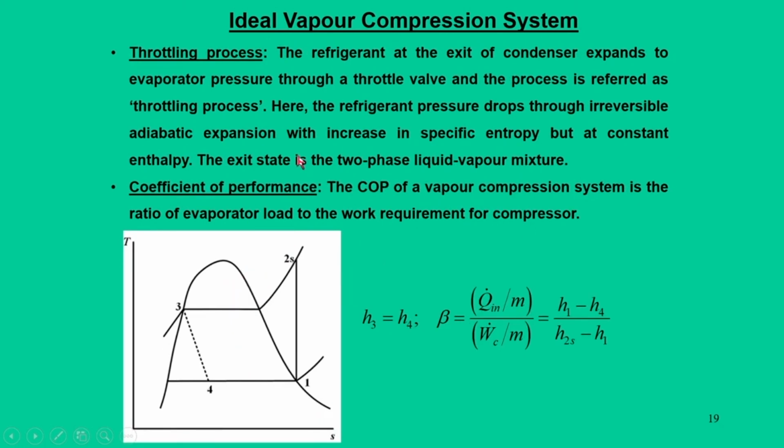Then the next process is throttling. So, we went 4 to 1, 1 to 2S, 2S to 3. Now this throttling process is from 3 to 4. This throttling process is an isenthalpic process, a constant enthalpy process.